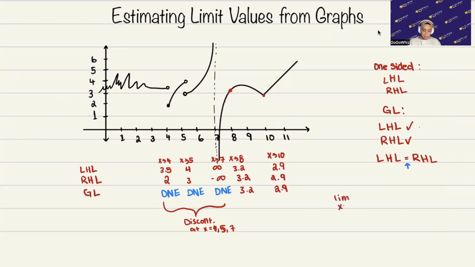The limit as x approaches 10 of f of x, let's say this entire function up there was represented as f of x, is indeed 2.9. This is our general limit, and it only exists because the right-hand limit was equal to 2.9, as well as the left-hand limit, and they were equal to one another, and that gave us our general limit, okay?